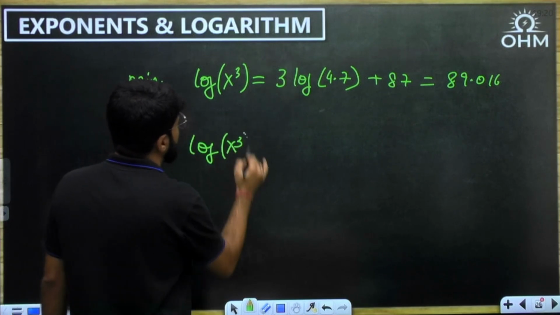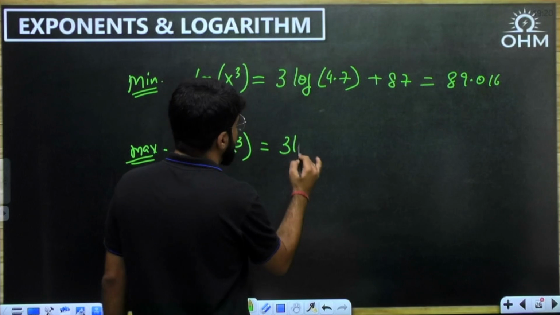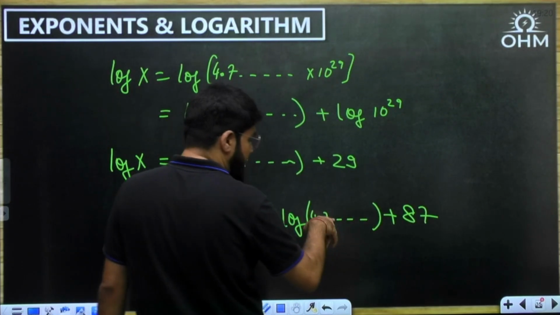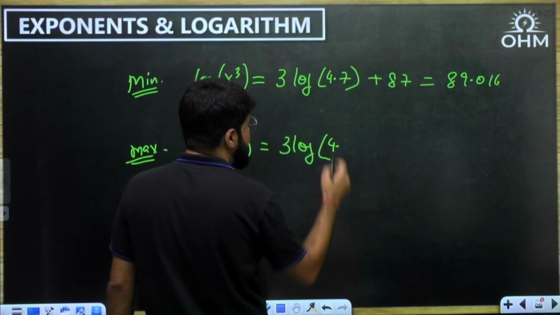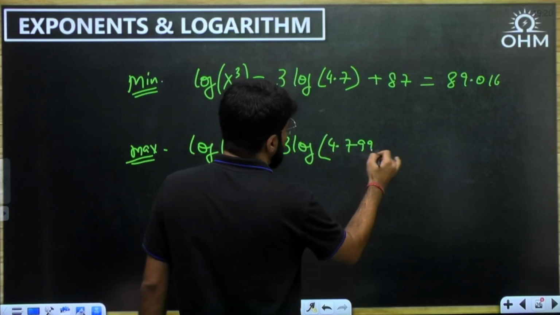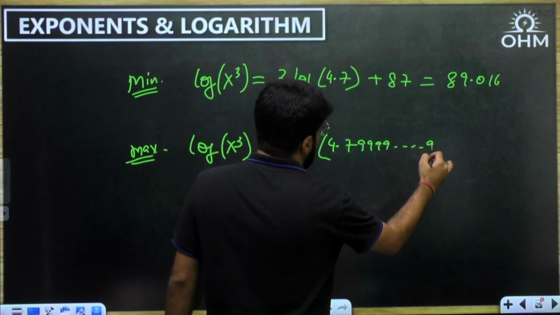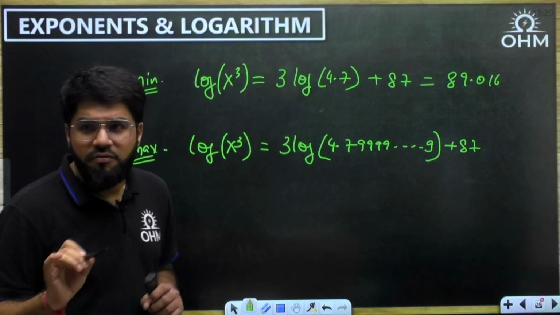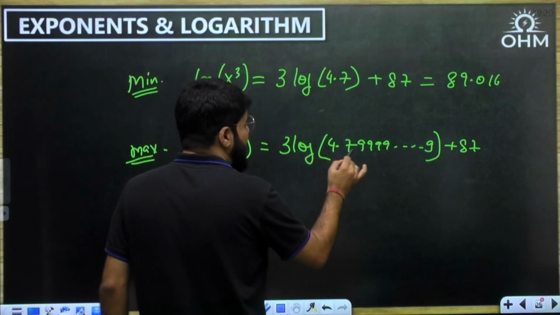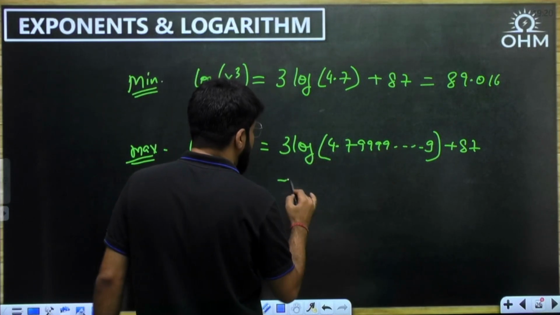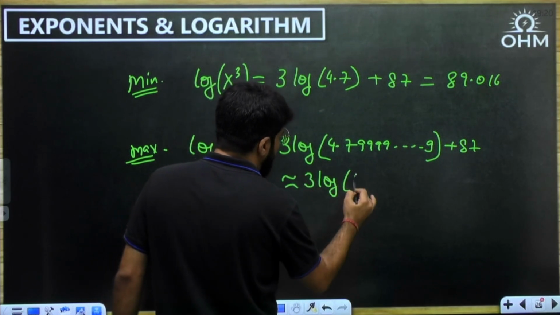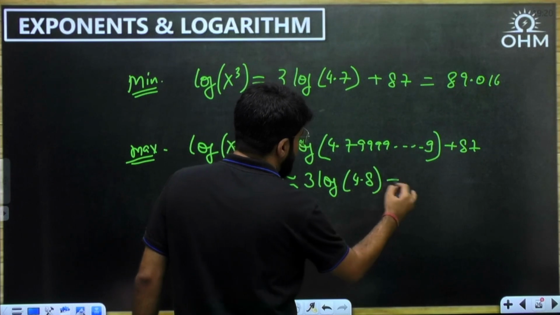What is the maximum possibility here? Maximum possibility for log of x cube will be 3 log 4.7 something something something, so maximum means all these digits can be assumed to be 9, plus 87. But now look into the fractional world. 4.7999999999 can you not approximately write it as 4.8?